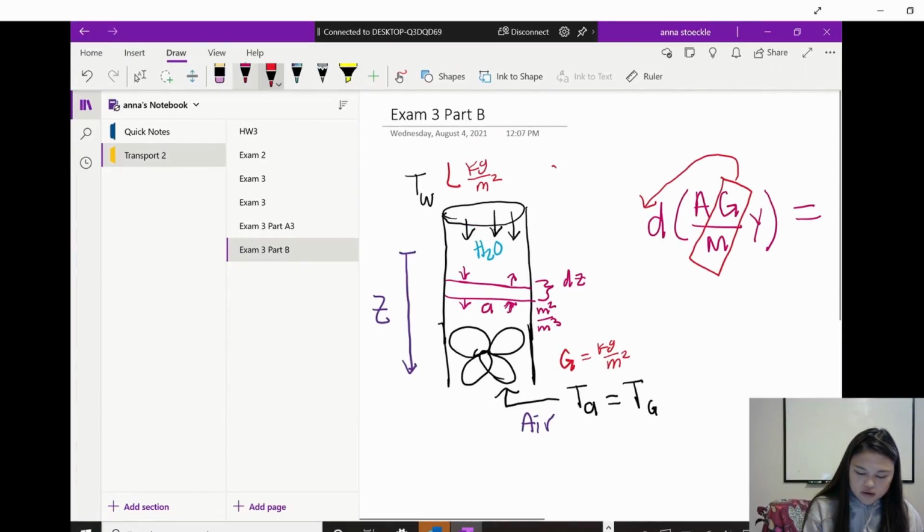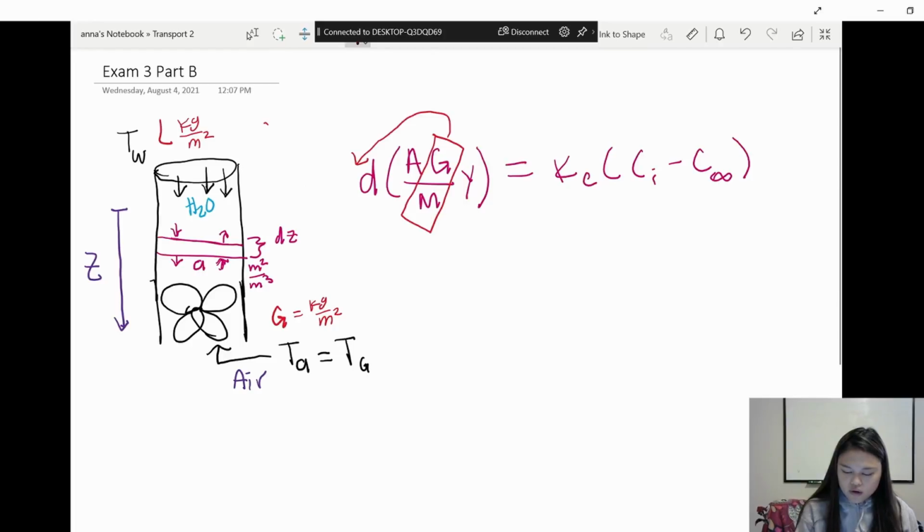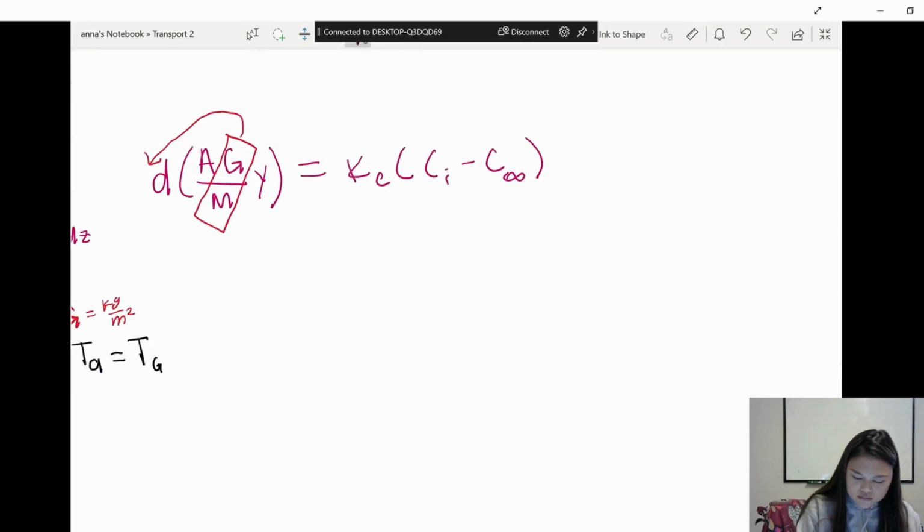Okay, continuing on. We are going to look at that cross-sectional area, that specific area, and multiply it by the area times the distance.